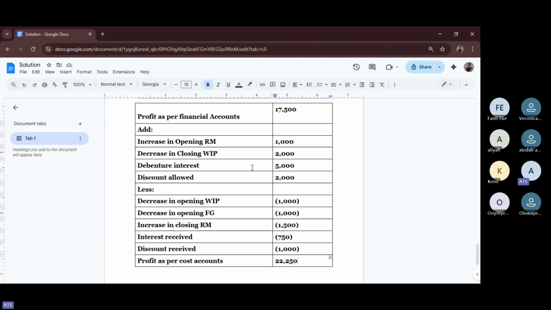Do we have any other questions? Ma, I have a question, but it's not relating to this. Is it that till our exam, the classes will be just Saturday and Sunday? Yes, that is the timetable.